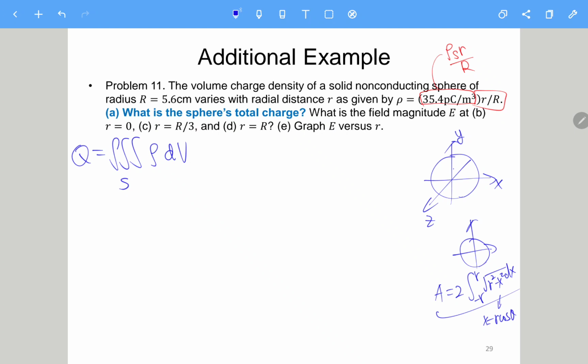So here, rather than using the Cartesian coordinate, we will use something called the spherical coordinate. Of course, there is still another coordinate system called the cylindrical coordinate, but here we don't use this.